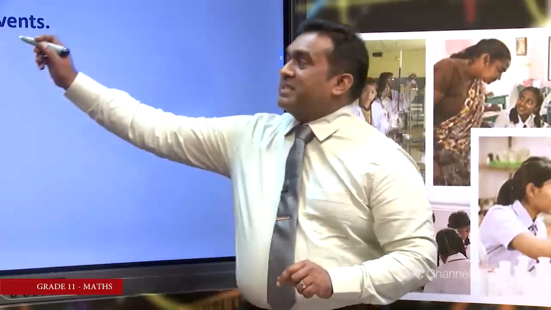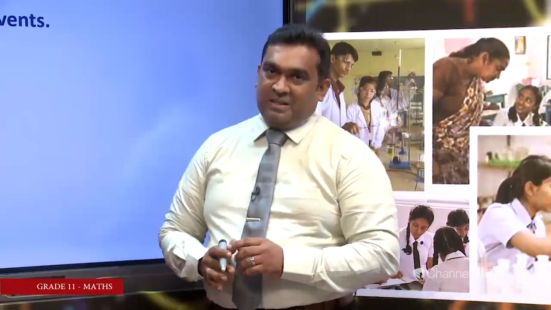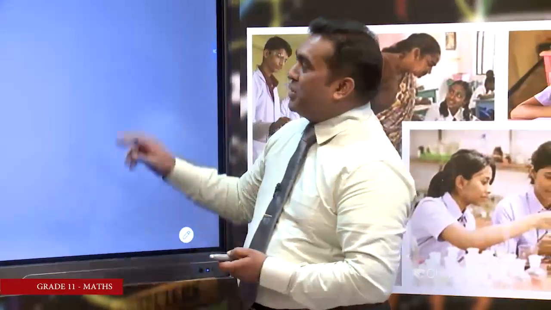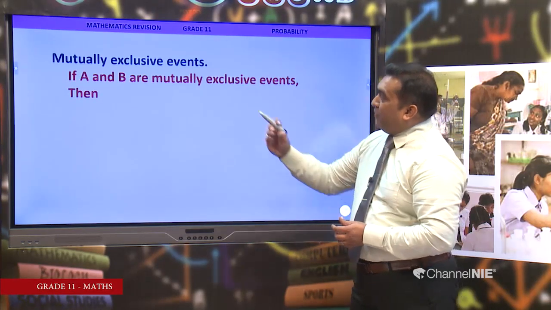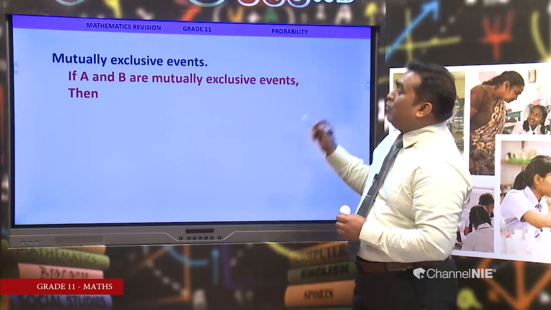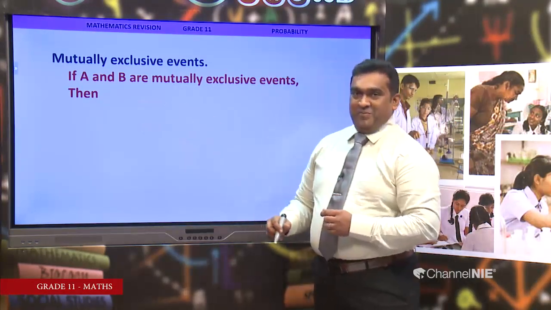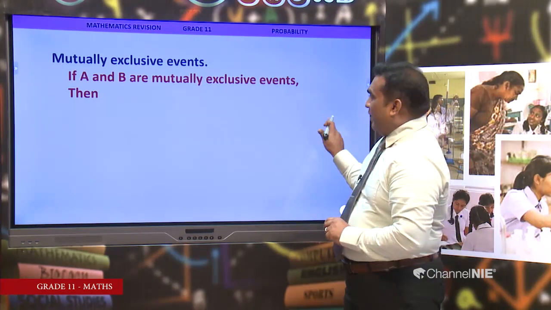Now we are going to discuss mutually exclusive events. We will see the definition of mutually exclusive events. If capital A and B are mutually exclusive events, then there is a condition. What is the condition?